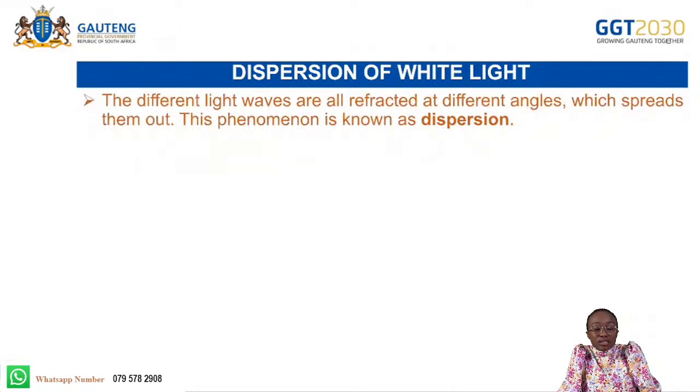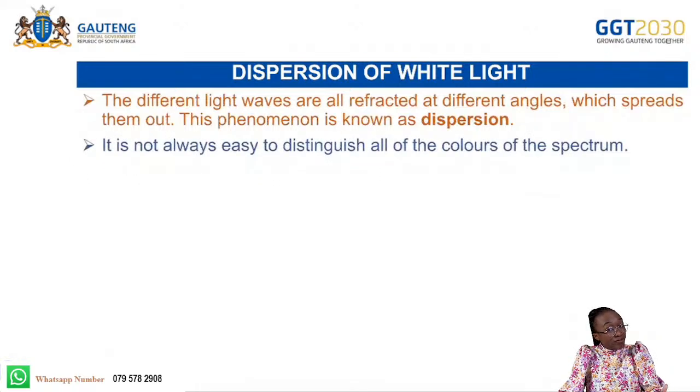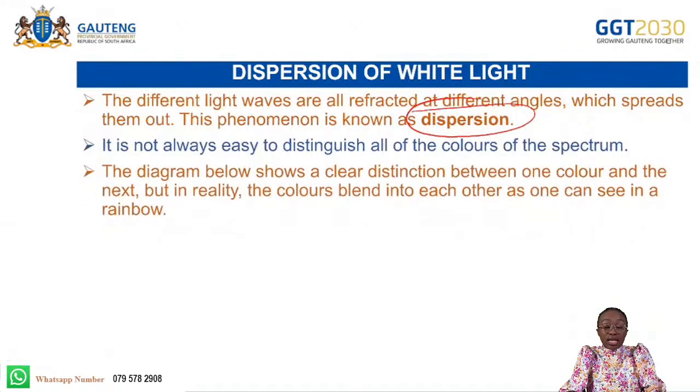When the light is traveling through a denser medium, they bend at different angles. They have different wavelengths, they have different frequencies, and this spreads them out. This phenomenon of splitting is known as dispersion. It is not always easy, however, to distinguish the colors of the spectrum.